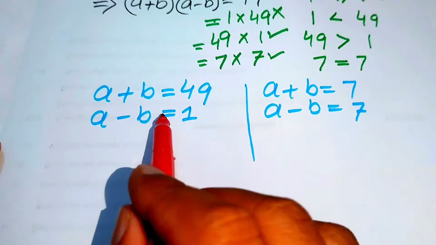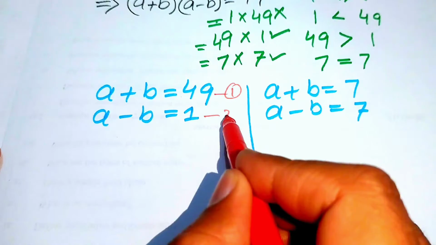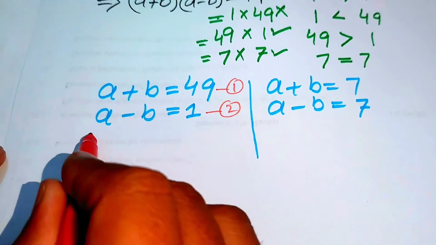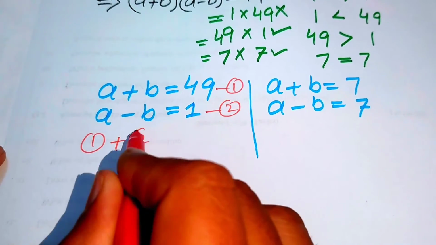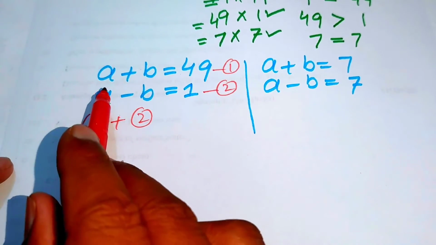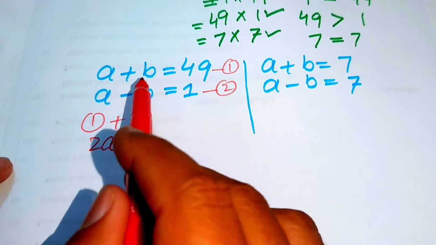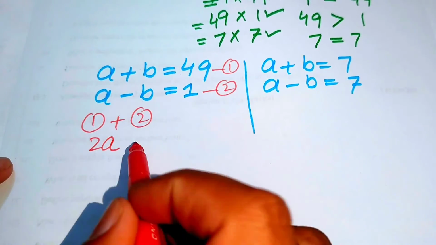In this case we call this equation number 1 and this equation number 2, and first we add equation number 1 and equation number 2. When you add these two equations, a plus a becomes 2a, and the positive b and negative b cancel each other.